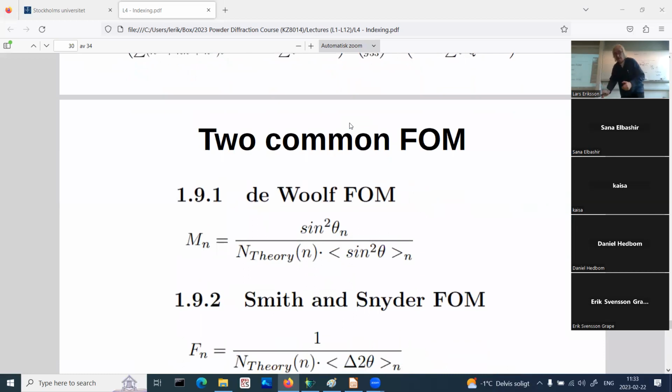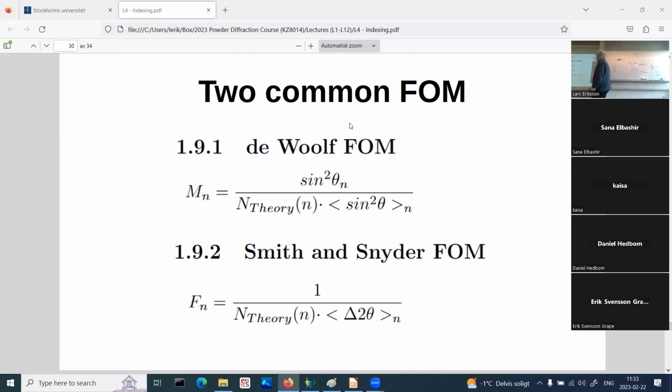And the figures of merit then. The whole figure of merit is defined like the M20 figure of merit. Then we take the sine square theta of the 20th line and divide by the number of theoretically possible lines up to that line.